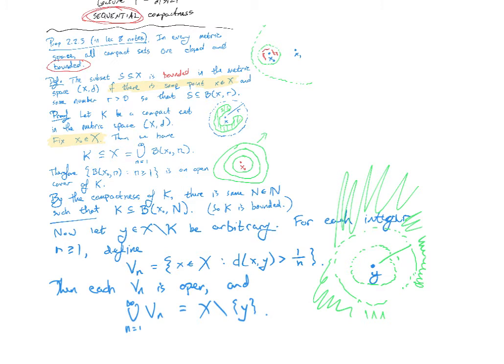So everybody see that? Every other point is some distance away from y. And that distance will be greater than 1 over n for some integer n. Okay. So I guess if you insist, we're using the Archimedean property here.